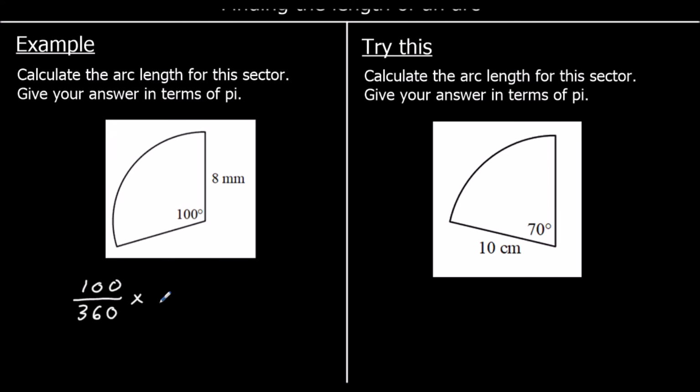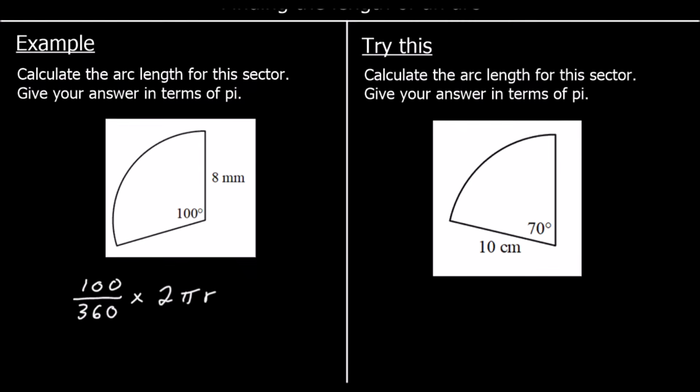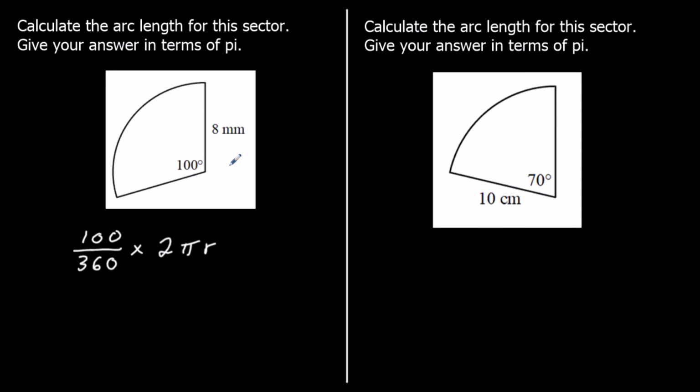And again, I can use pi times d, or 2 times pi times the radius. It doesn't matter which formula you use, they are the same. So the radius is 8 this time. So 100 over 360 times 2 times pi times 8. And we can type this into the calculator.